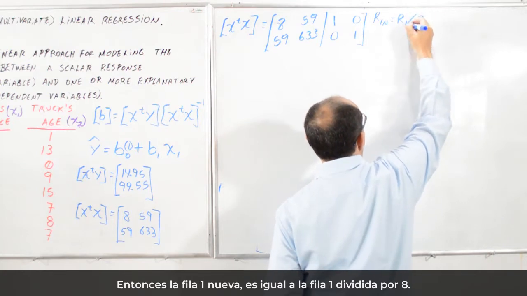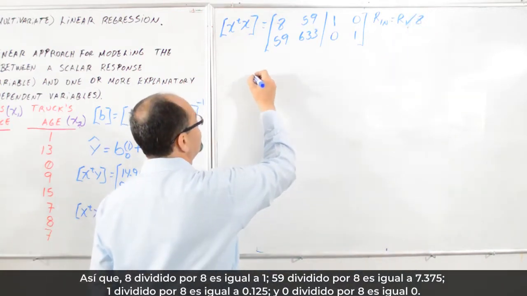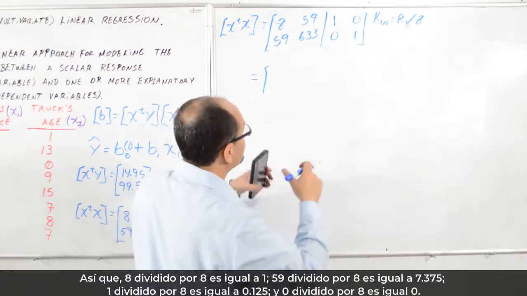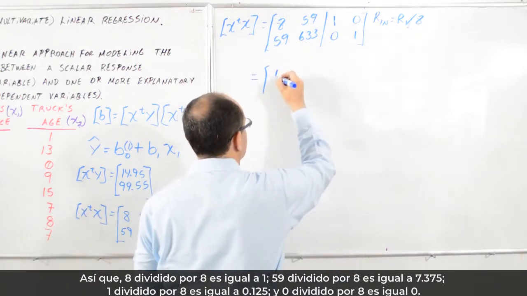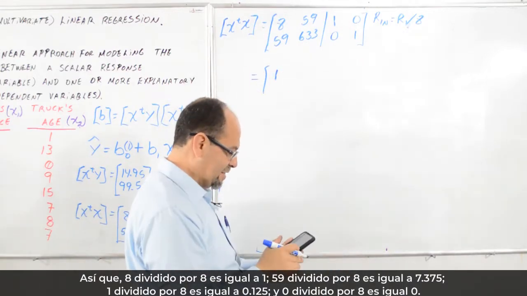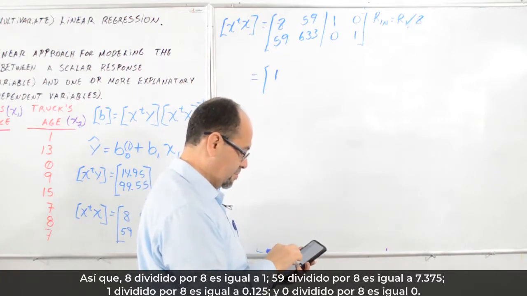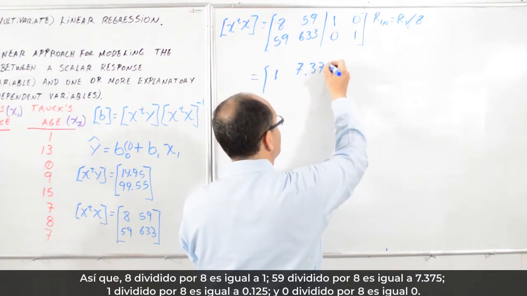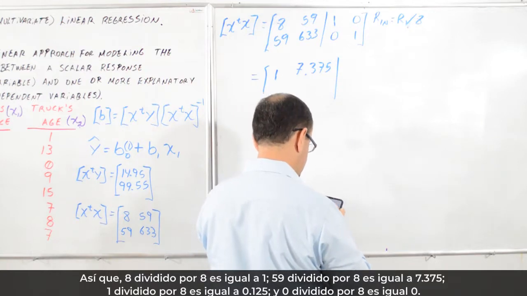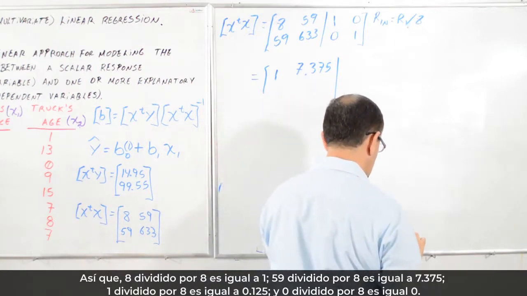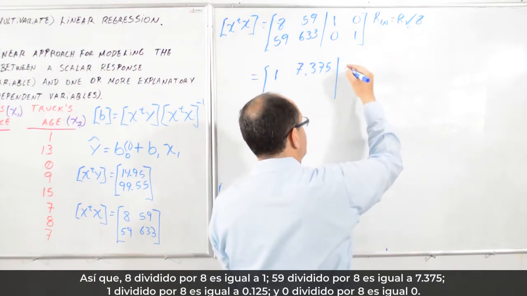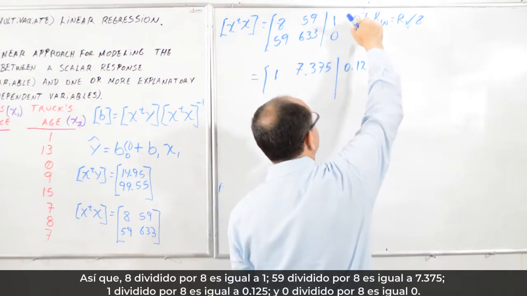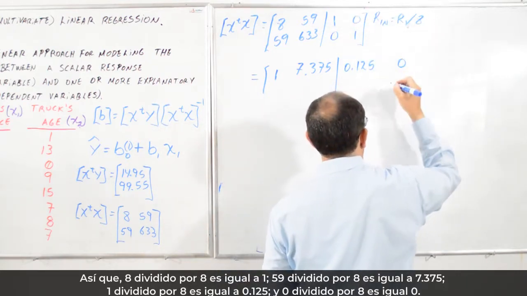And it will be 8 divided by 8 is equal to 1. 59 divided by 8, 7.375. 1 divided by 8, 0.125. And 0 divided by 8 is 0.